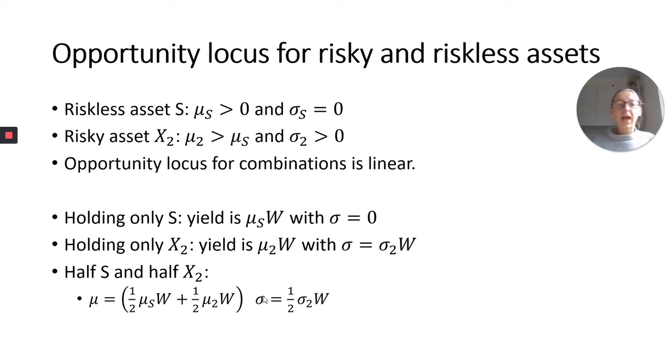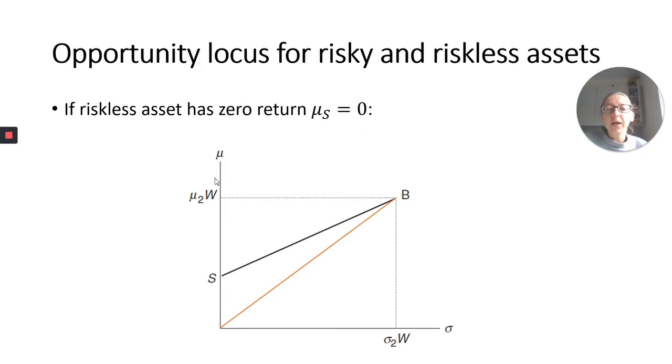And as asset S is riskless, the risk of the portfolio would be half of the risk of X2. We can plot everything in a graph and see the possible combinations for an optimal portfolio. On the horizontal axis, we have risk, and on the vertical axis, we have earnings or returns.